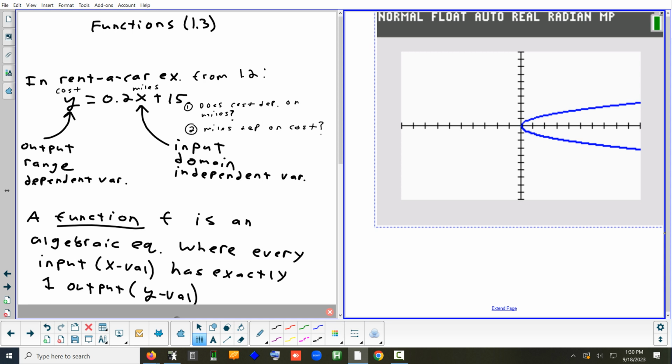All right, let's just pick a value, like 5. So when x is 5, I want to know what y is. If you look at that graph, when x is 5, what does it look like y is?